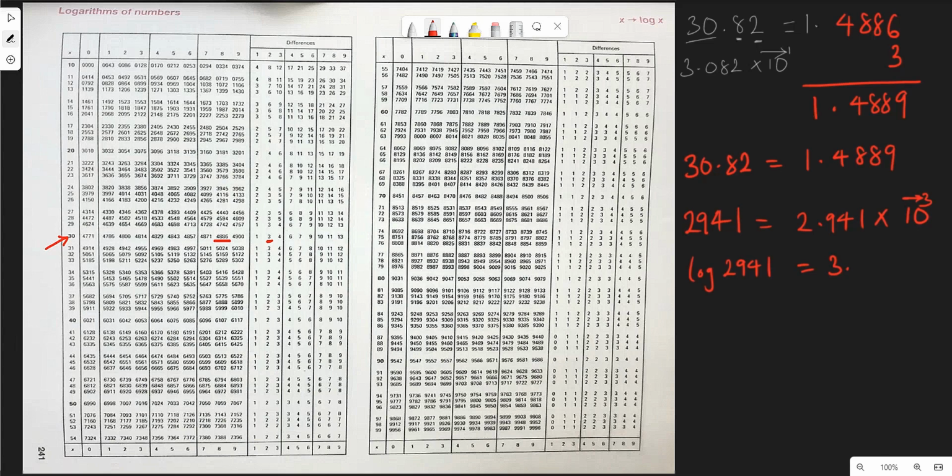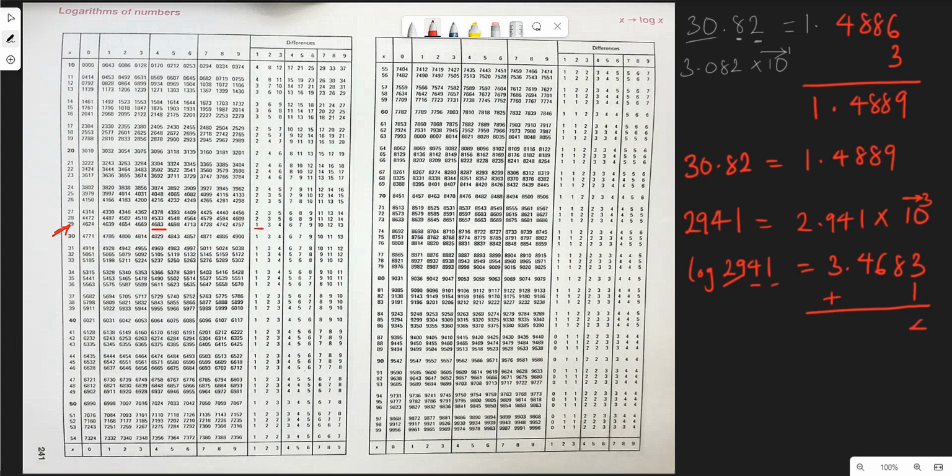Then you go to your table, you look for 29 under 4, difference of 1. Let's take a look at that. 29, here is 29 under 4. Here I have this number 4683, difference of 1, which is 1, and I add 1 to it.